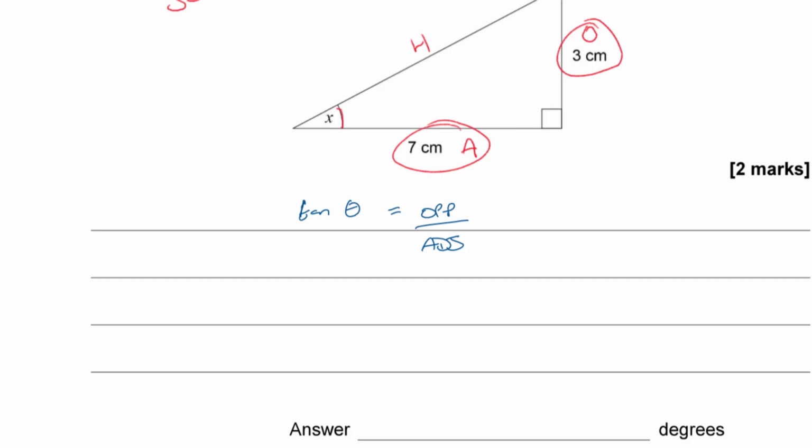So subbing in from the diagram. I haven't got theta, I've got x. So tan x equals, opposite is 3, adjacent is 7. So if I want to find x, I'm going to use the inverse tangent button on my calculator.